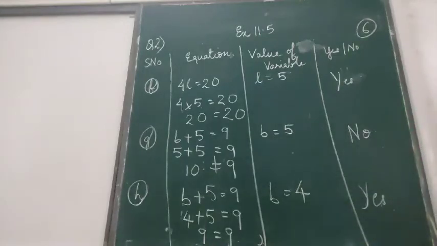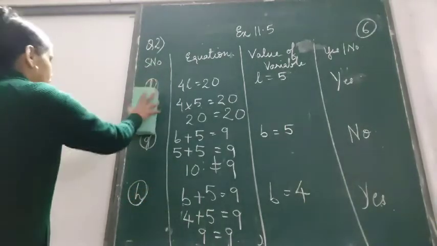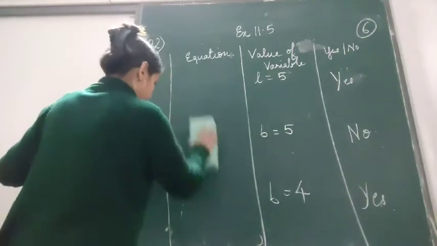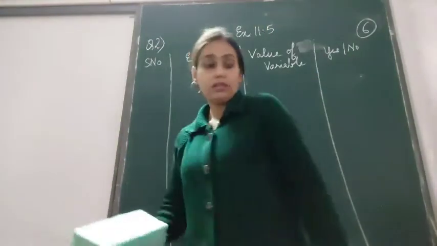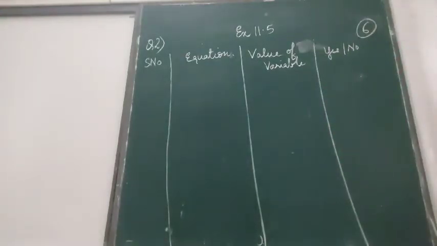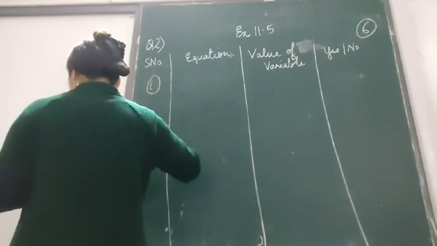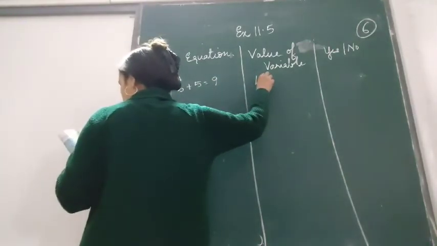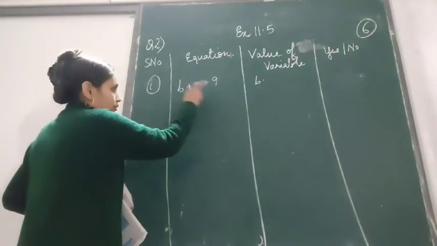Now we go to I. Children, we have to start I. B plus 5 is equal to 9, value of B. I think we have done H as I. Value of B was 4.